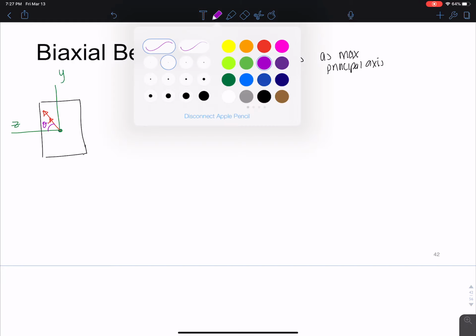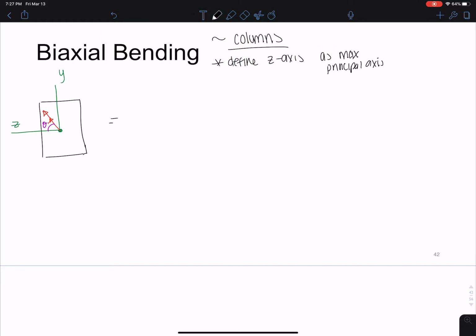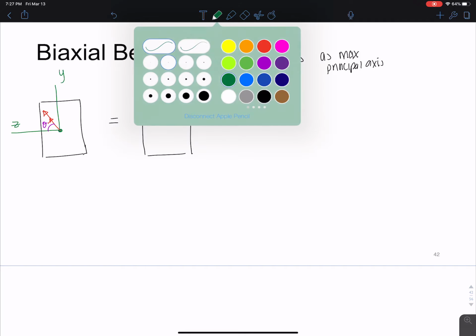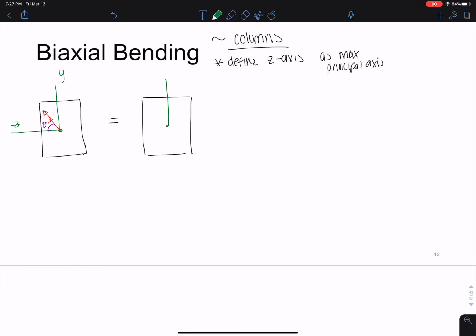And I can actually say now this is just equal to a component Mz plus a component on the My.